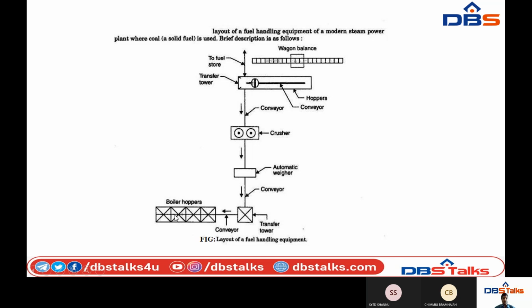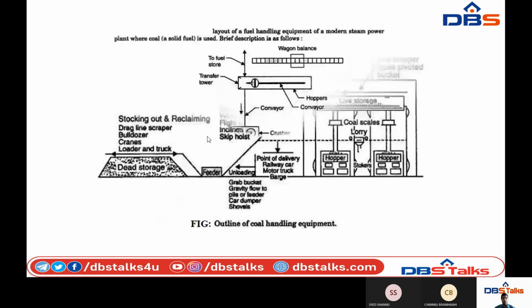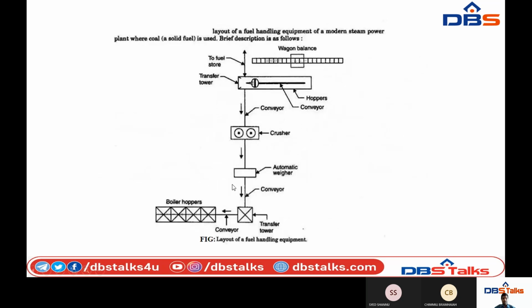By using boiler hoppers, we send the solid fuel coal into the boilers for combustion. This is about fuel handling equipment. Today's class is concluded with coal handling equipment and fuel handling equipment. These are two important basics in handling equipment in a steam power plant: coal handling and ash handling.